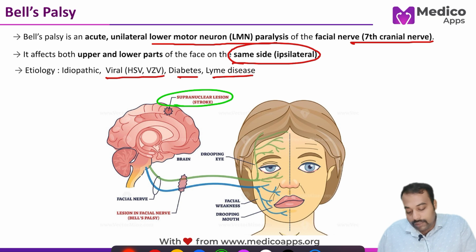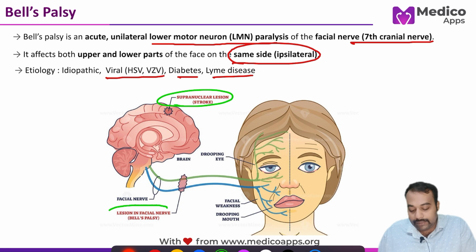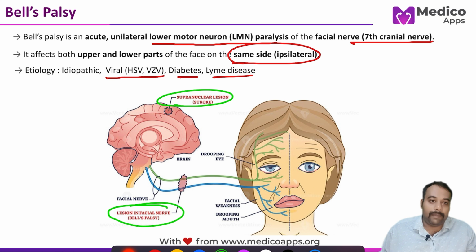But here, the lesion in the facial nerve is called a lower motor neuron lesion, and here it's an acute one, which is known as Bell's palsy, right? As the facial nerve supplies the areas of the upper and lower part of the face, these will eventually get affected on the same side due to the Bell's palsy related lesion.